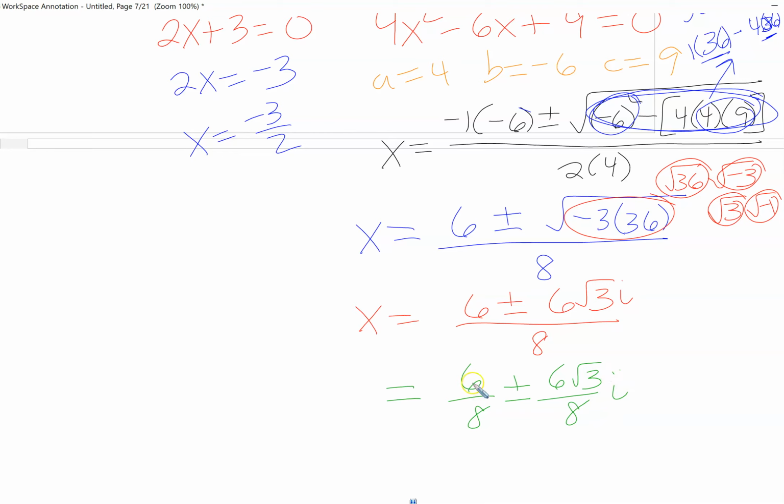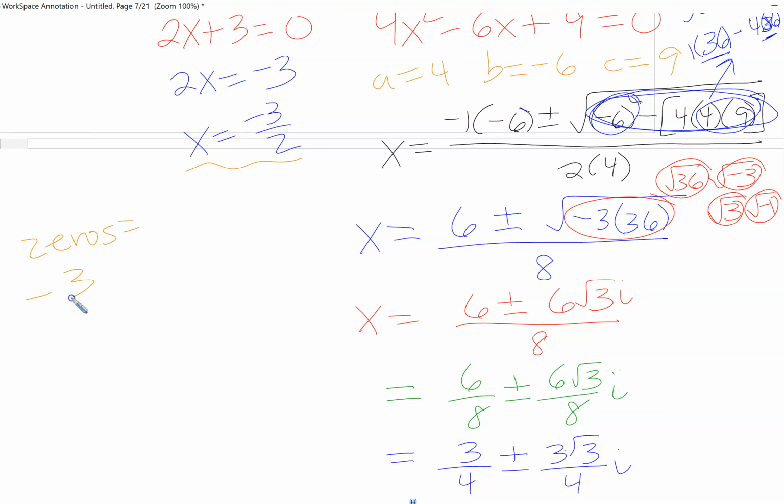Now remember that when we have these two rational numbers, so 6 and 8 are both rational numbers, they have a common factor of 2, they can reduce. So this becomes 3/4 plus or minus 3 root 3 over 4 times i. And that then is going to give us all of our zeros. So up here, don't want to forget about this one.